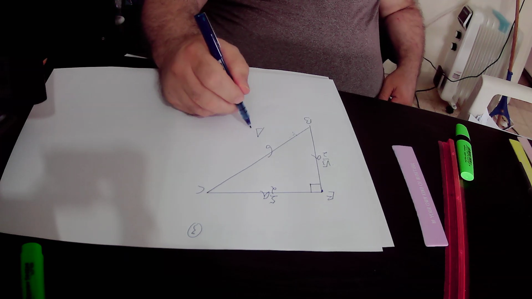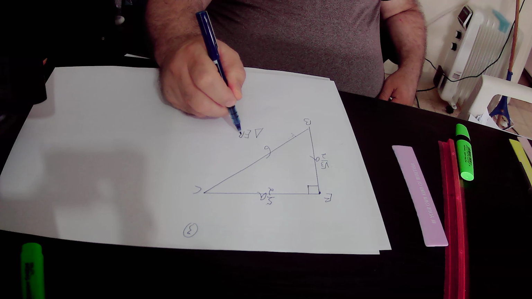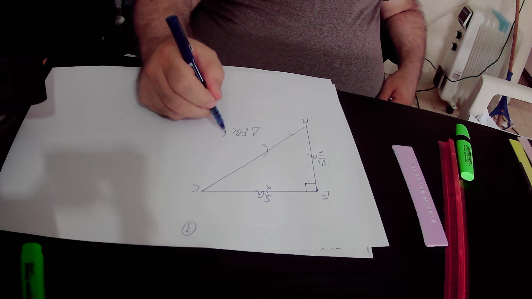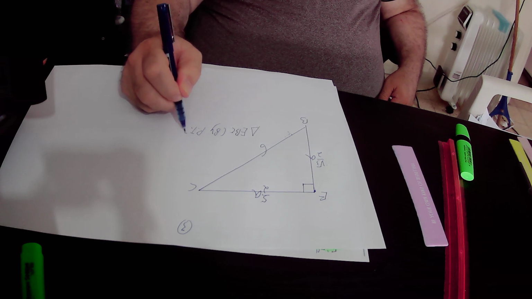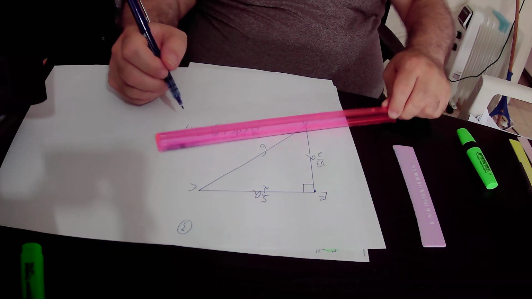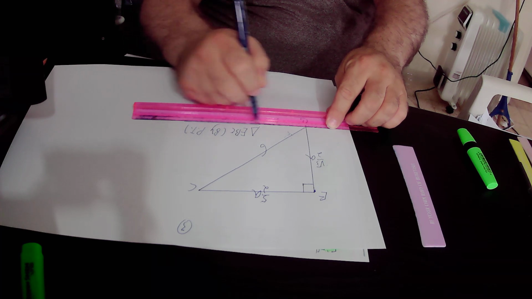So in the right triangle EBC, by PT, the relation for Pythagoras theorem, the square of the hypotenuse equals the sum of the squares of the perpendiculars.